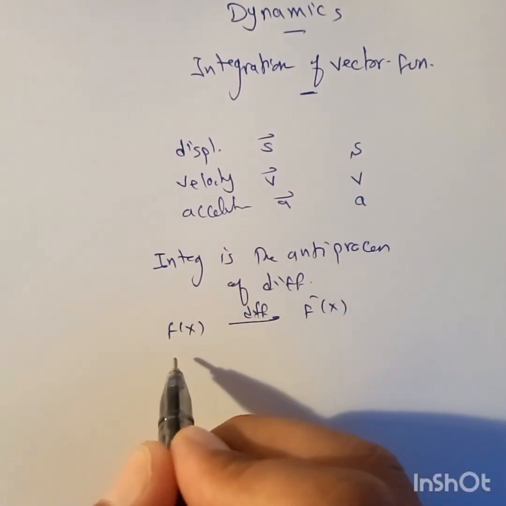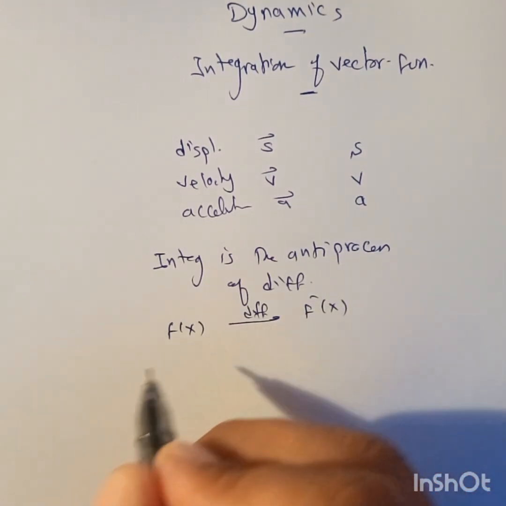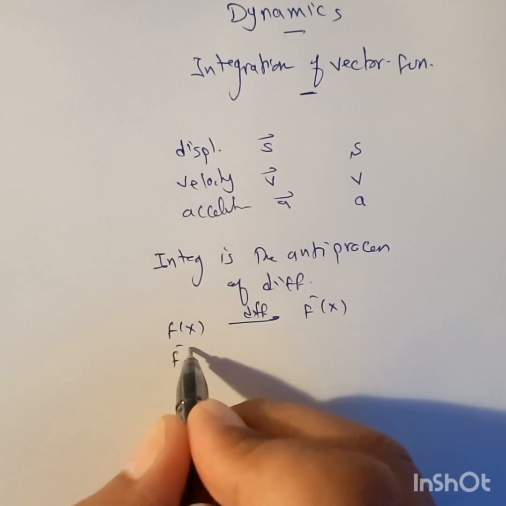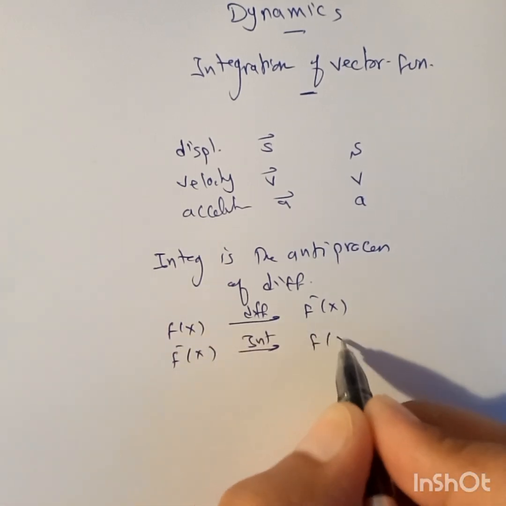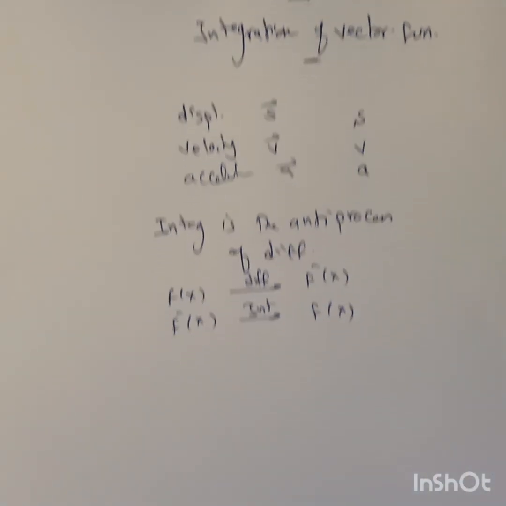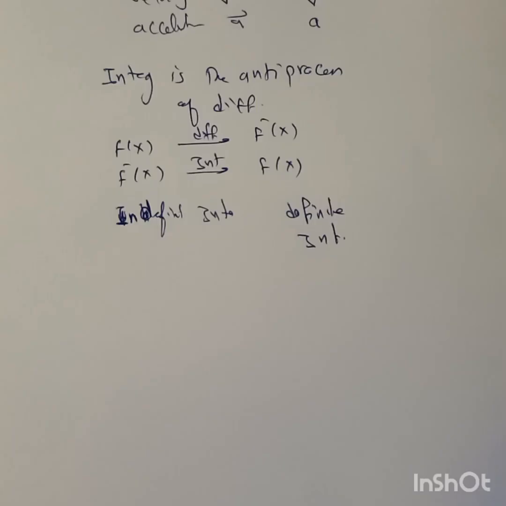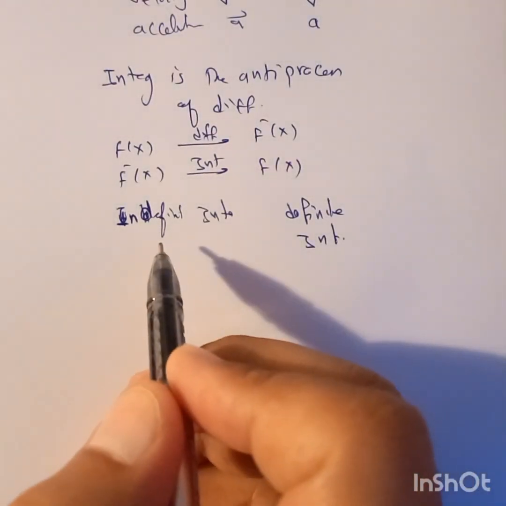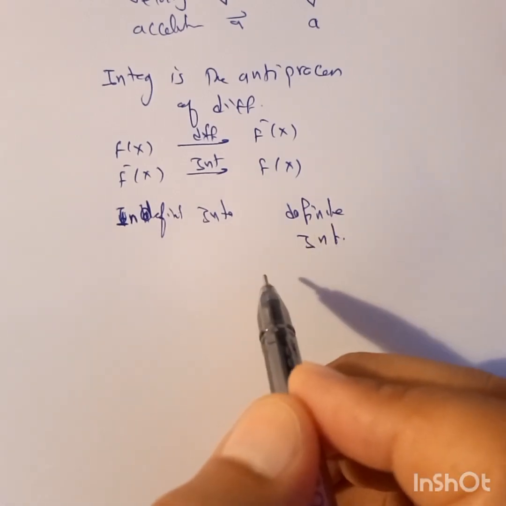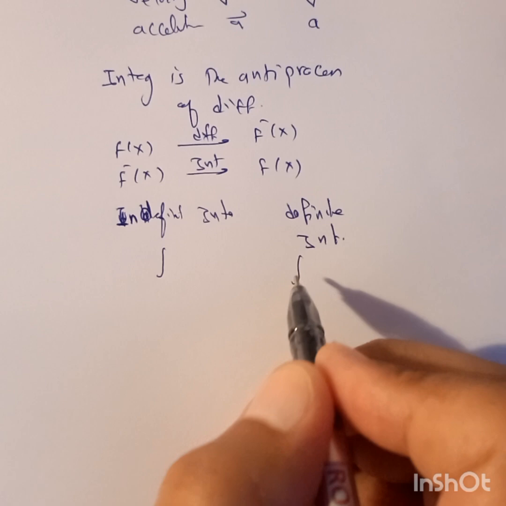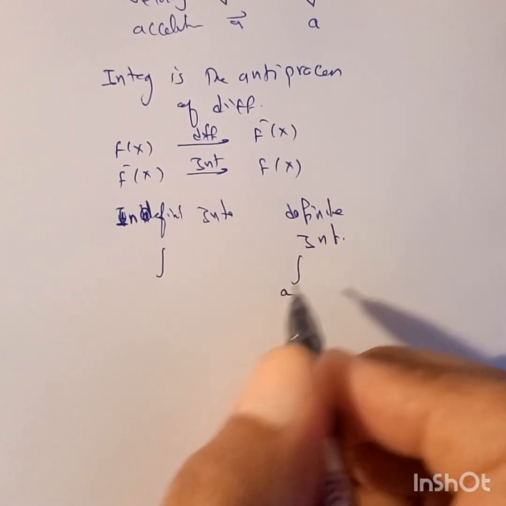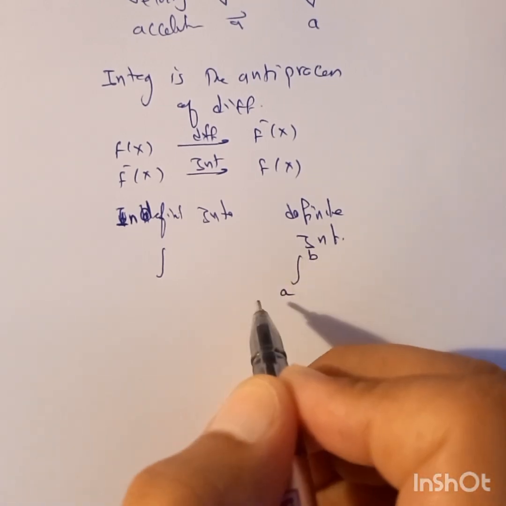In the opposite way, if we have f dash of x, by integration we can find f of x. For integration we have two types: indefinite integration and definite integration. The symbol of this one is like this, and here we have the same symbol, but with lower limit a and upper limit b.